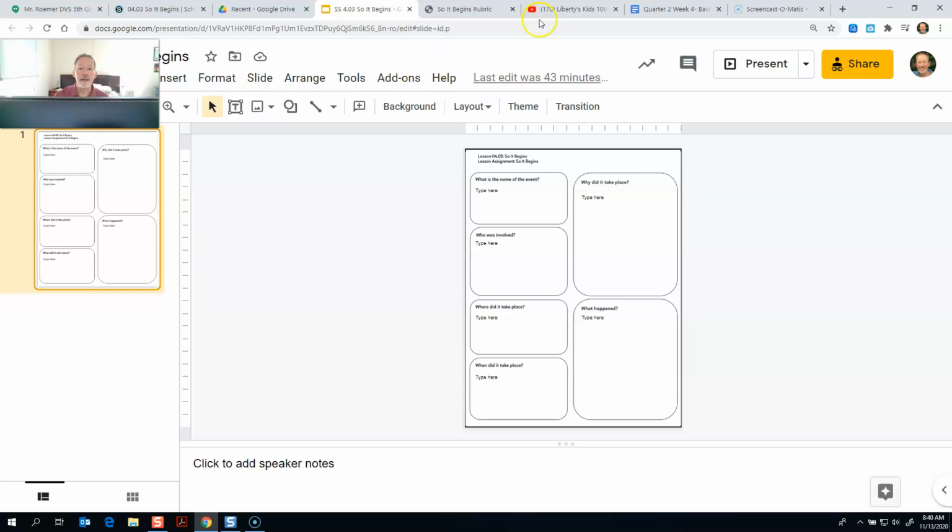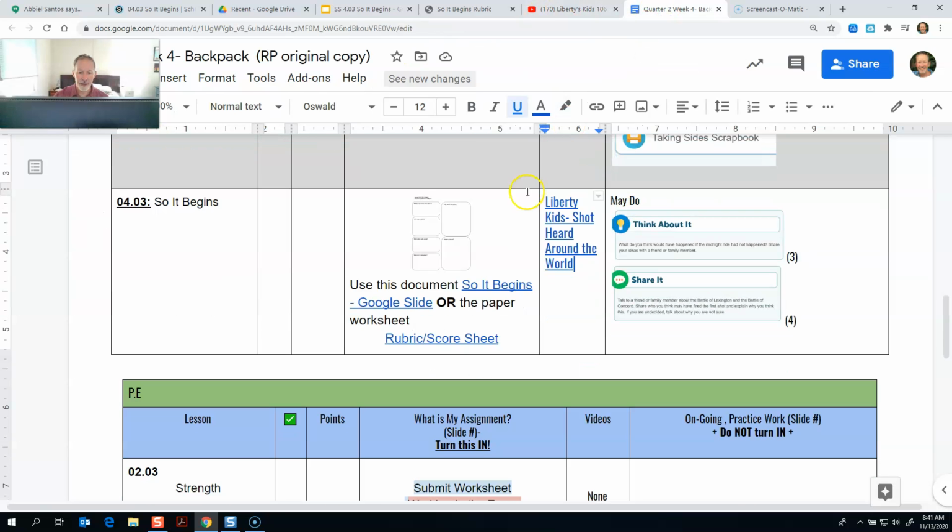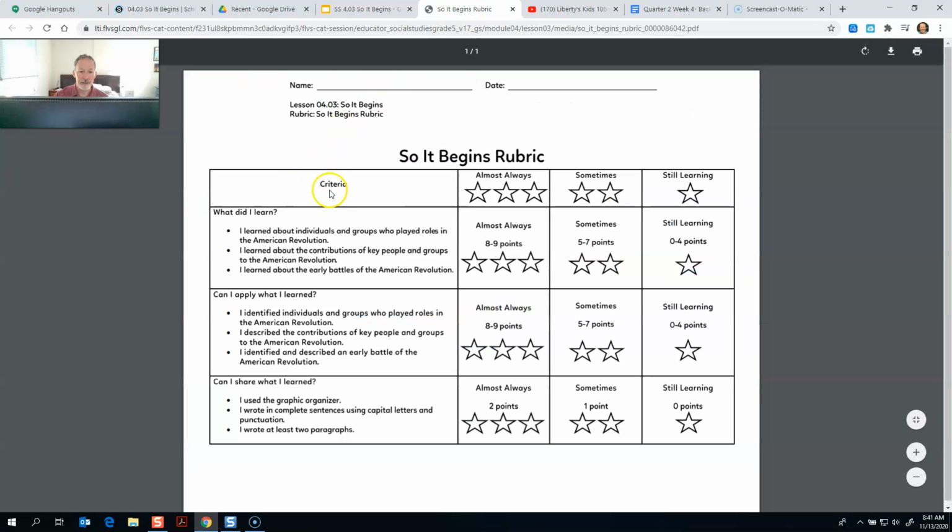In the backpack, I've got it right here. So it begins in Google Slides, so you can type right into this, or you can use the paper pencil worksheet that they gave you. I also included the rubric or the score sheet, which looks like this. So look through here, guys, because this is exactly what I'm looking for.